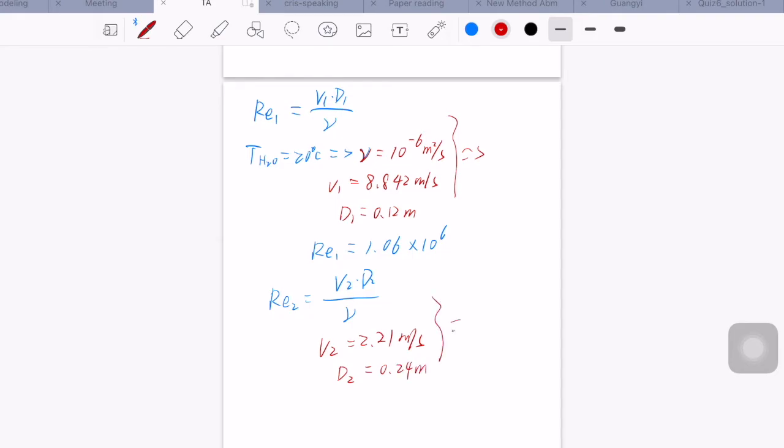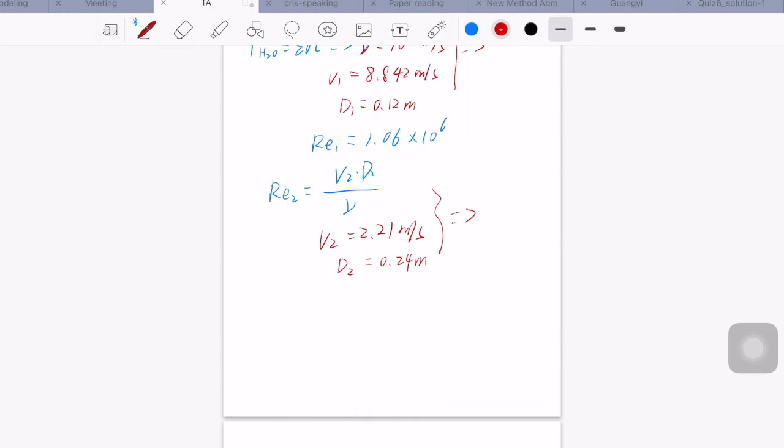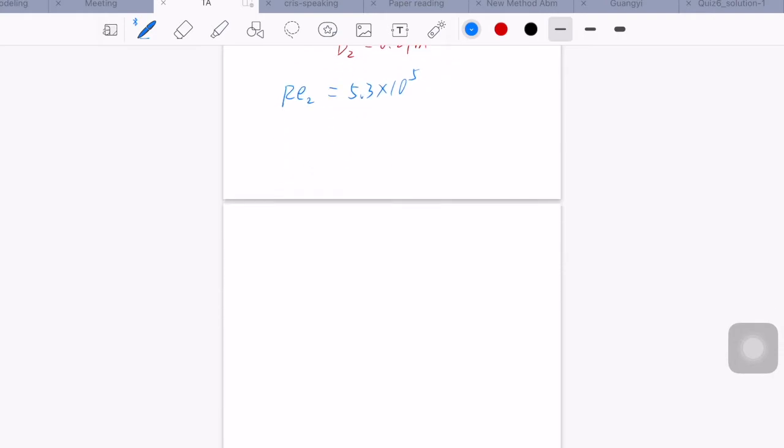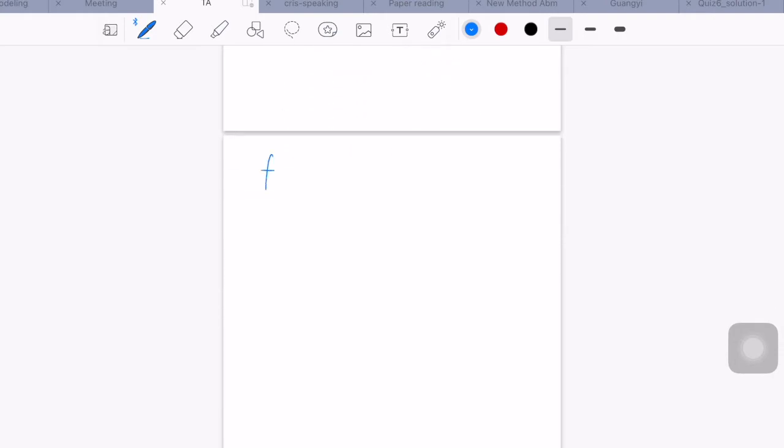So we can determine that the Reynolds number in pipe 2 is 5.3 times 10 to the power of 5. And then we could determine the friction factor F for each pipe using this equation. So use this equation.